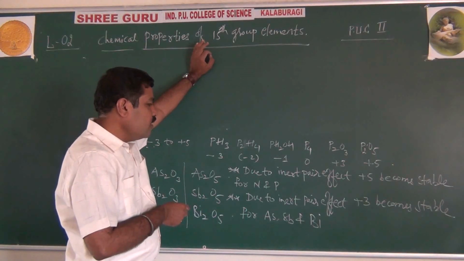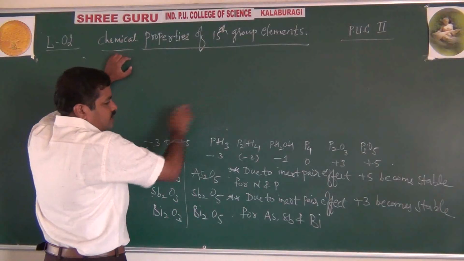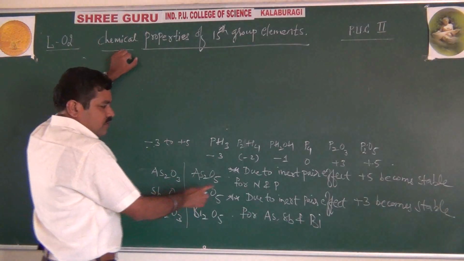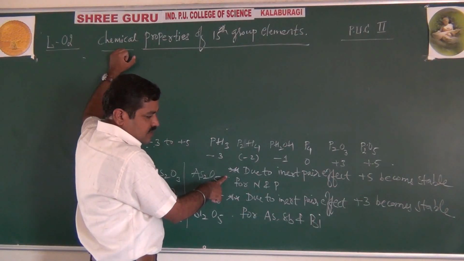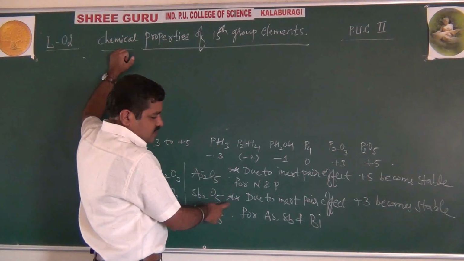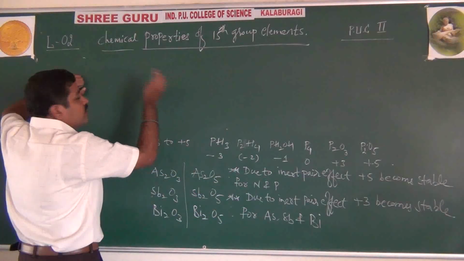Then, coming to the inert pair effect, after writing that, you have to write that +5 is stable for nitrogen and phosphorus and +3 for arsenic, antimony, bismuth. These points you have to write for 3 marks. Then you have to write the definition, which they ask for 2 marks.